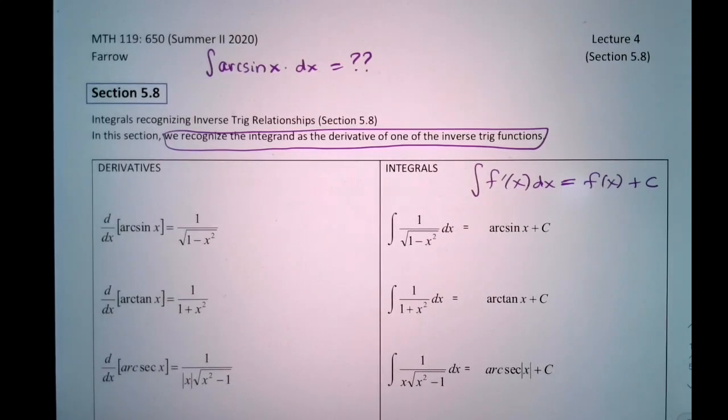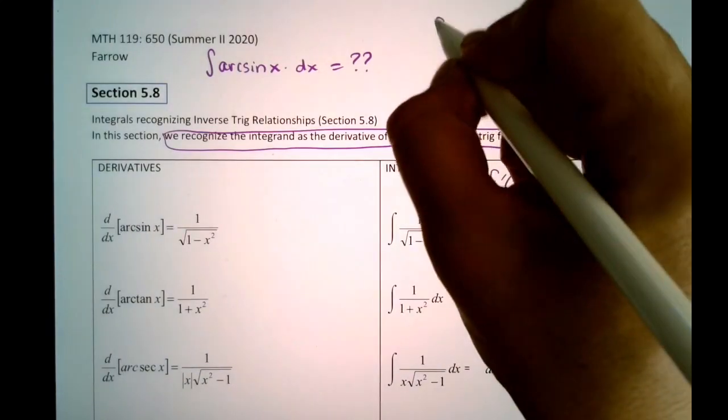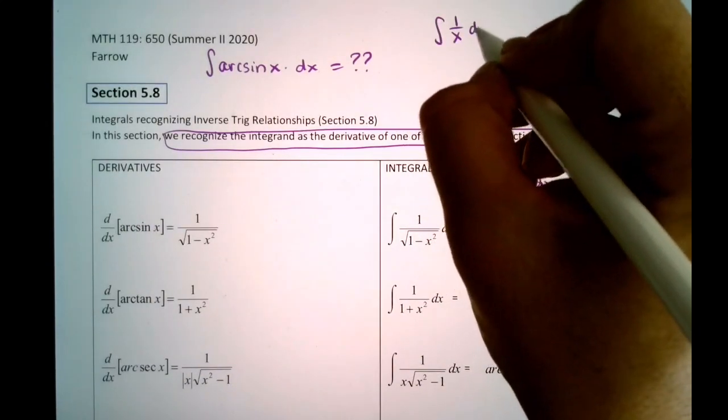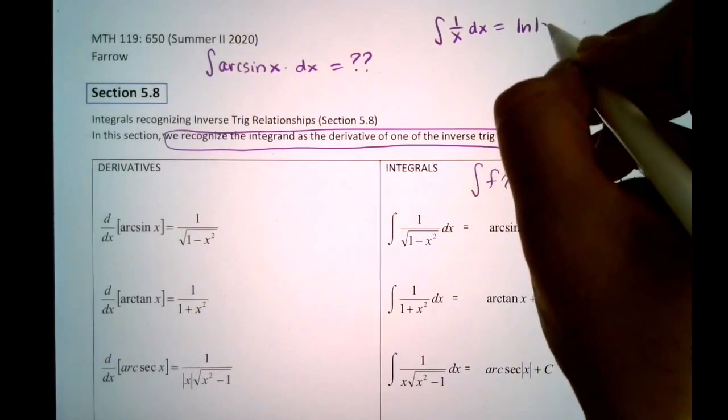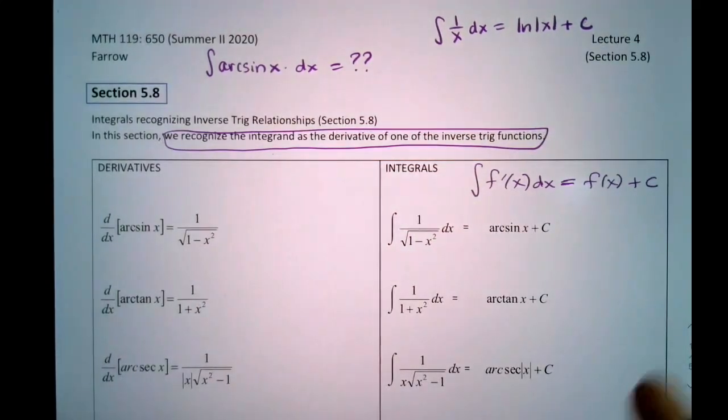So I want to be careful when we say we're involving inverse trig. I mean, we're recognizing the derivative as part of our integrand. In the same light, I might as well talk about it now, because what we did in the last video is we recognized the log rule for integration. And just to remind you what I'm referring to here is that the integral of 1 over x dx is the natural log of the absolute value of x plus c.